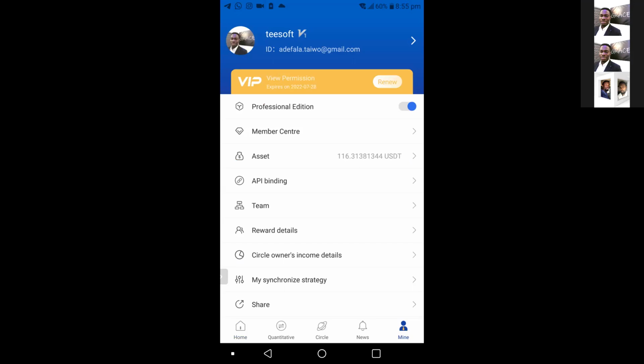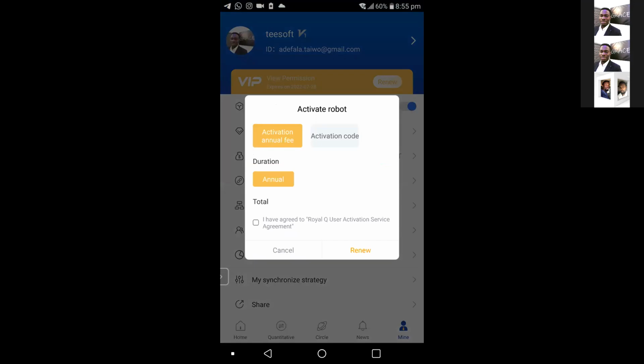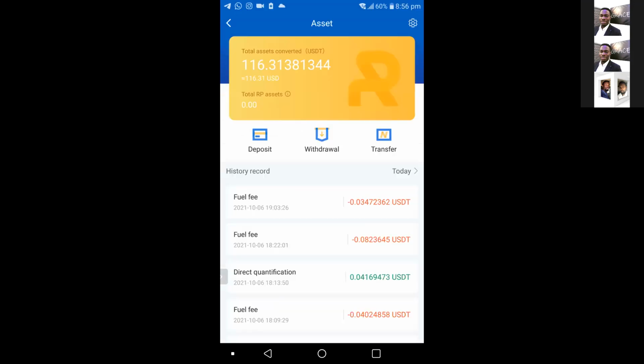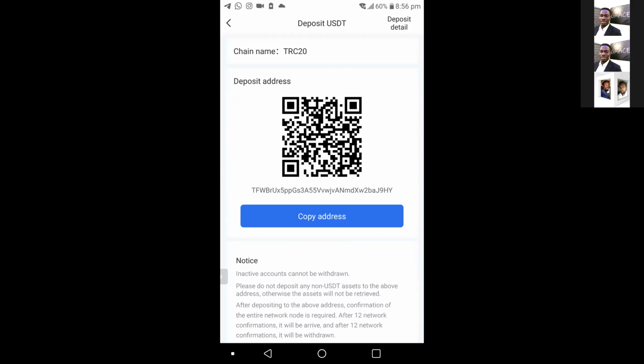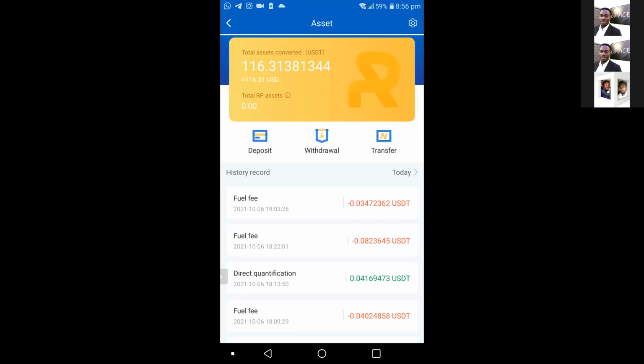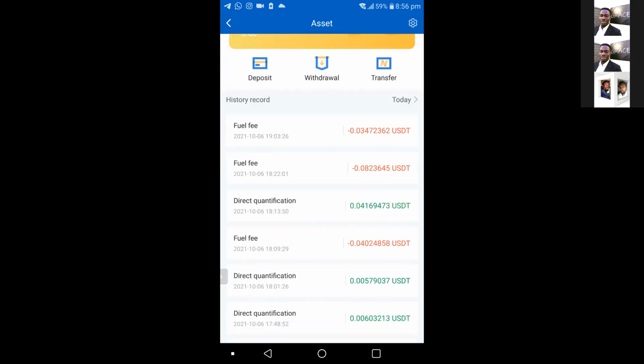To activate the bot is $120 per year, and you have to fund the bot with the $120. So you come to deposit. This is your deposit address. Now, the bot takes 20% of every profit that is made. You can see it here, the fuel fee. All the trades that I've been making that give me profit, you see it here.